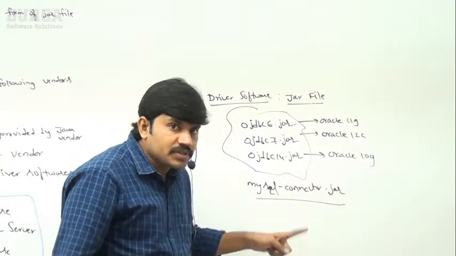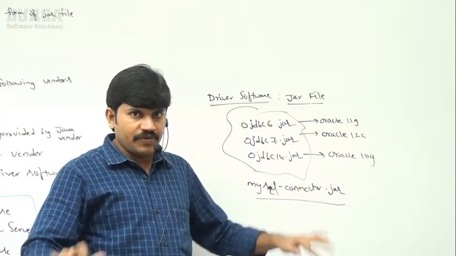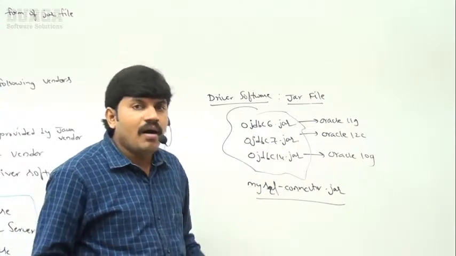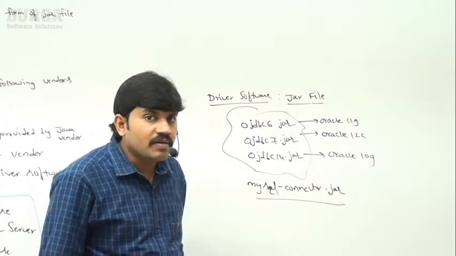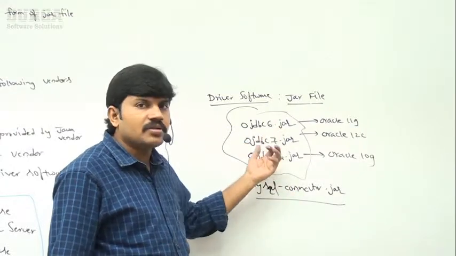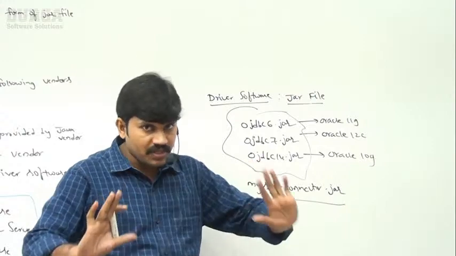This is the driver software to communicate with the MySQL database. Clear for all of you? So in real time, all the driver softwares are available in the form of jar files. Remember this one, sir: OJDBC6.jar, OJDBC7.jar, or the MySQL connector dot jar file. Clear for all of you, right?